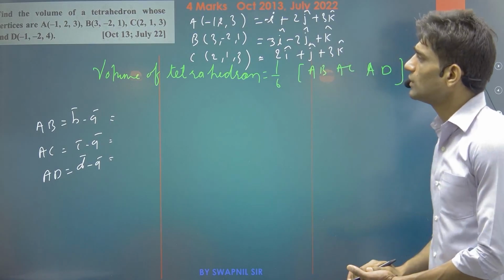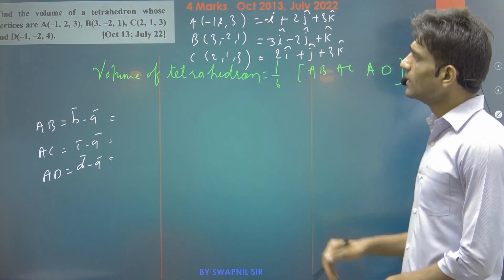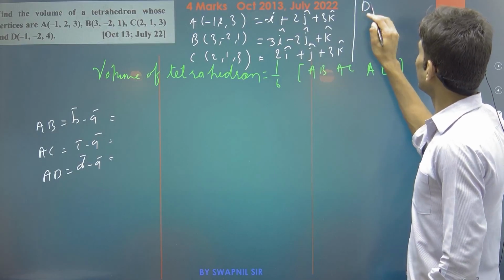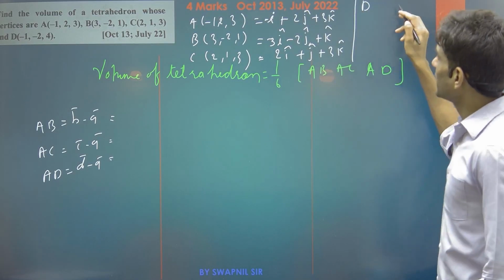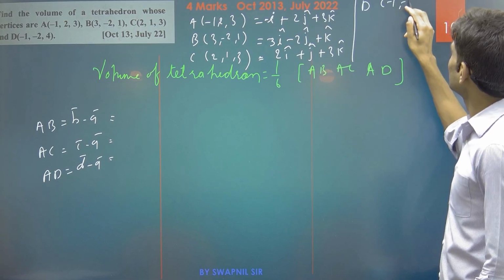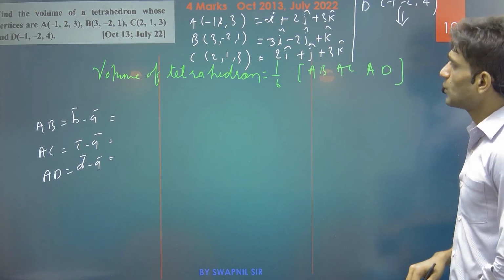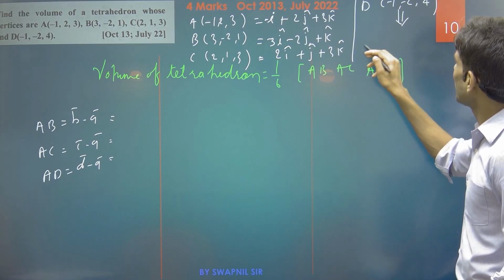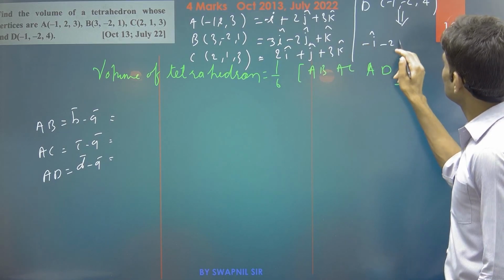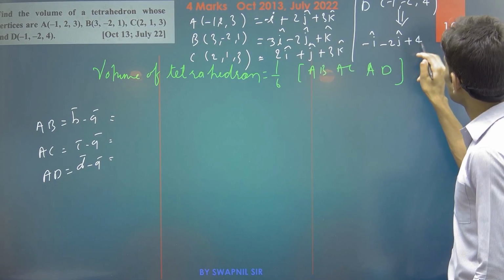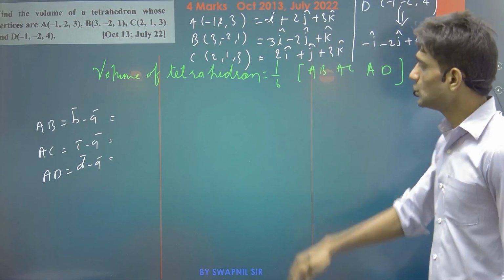And similarly for vertex D, minus 1 minus 2 4. Using this we can define the position vector: minus I cap minus 2 times j cap plus 4 times k cap. These are the position vectors we have here.